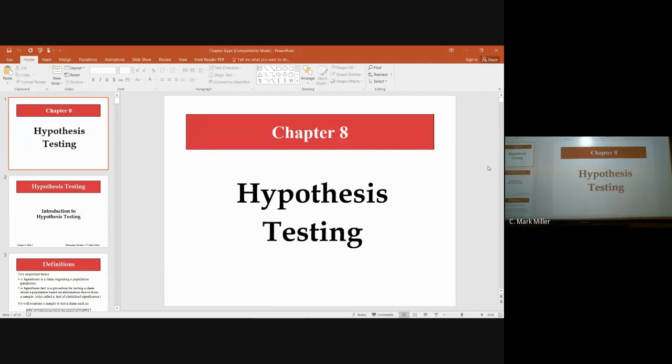Or sample size estimates, right? We only did sample size estimates for 2 situations: for population proportion and for population mean when sigma was known. We didn't even do it for population mean when sigma was unknown. So let's do that for next Wednesday.